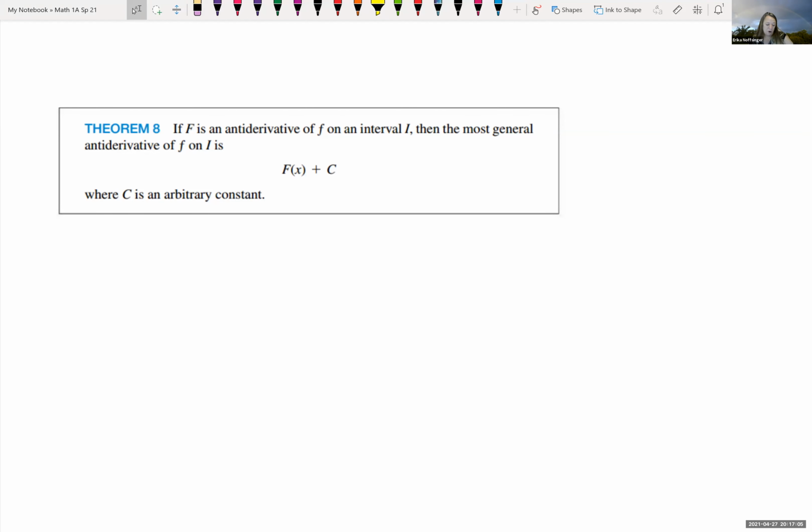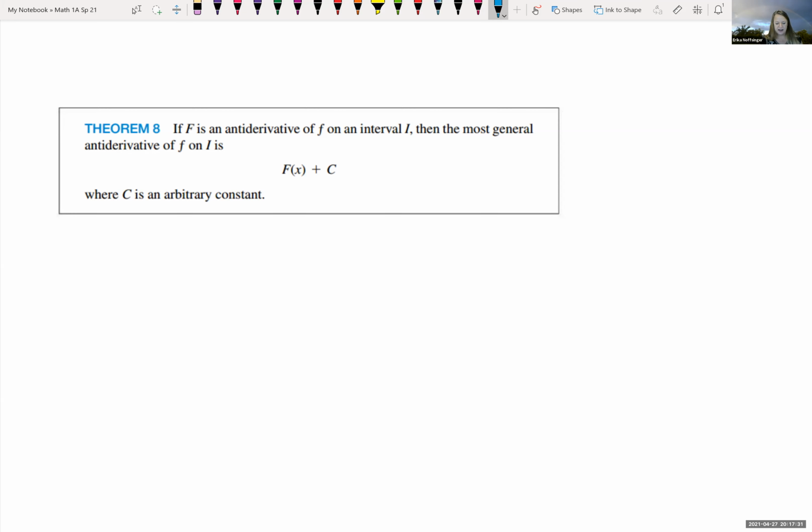Okay, so we have an important theorem, and that states if capital F is an antiderivative of little f on an interval capital I, then the most general antiderivative of little f on I is capital F of x plus c, where c is some arbitrary constant.